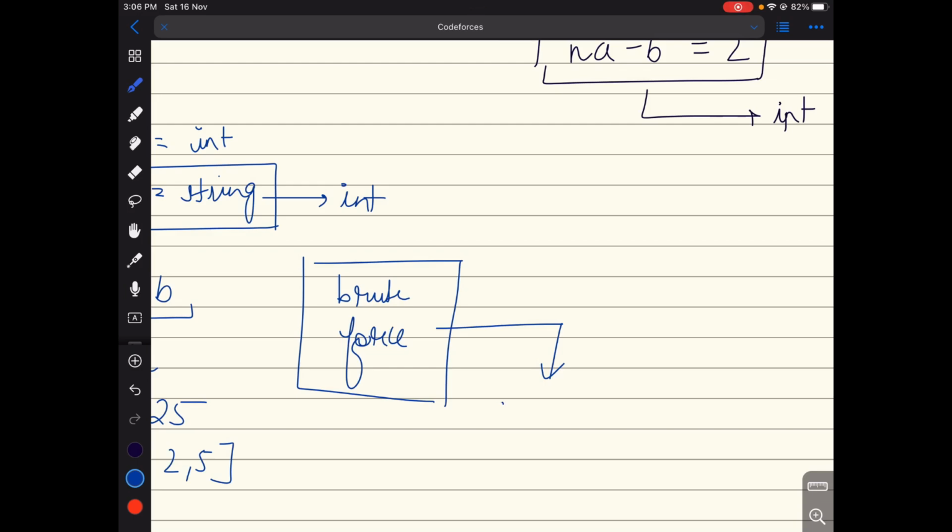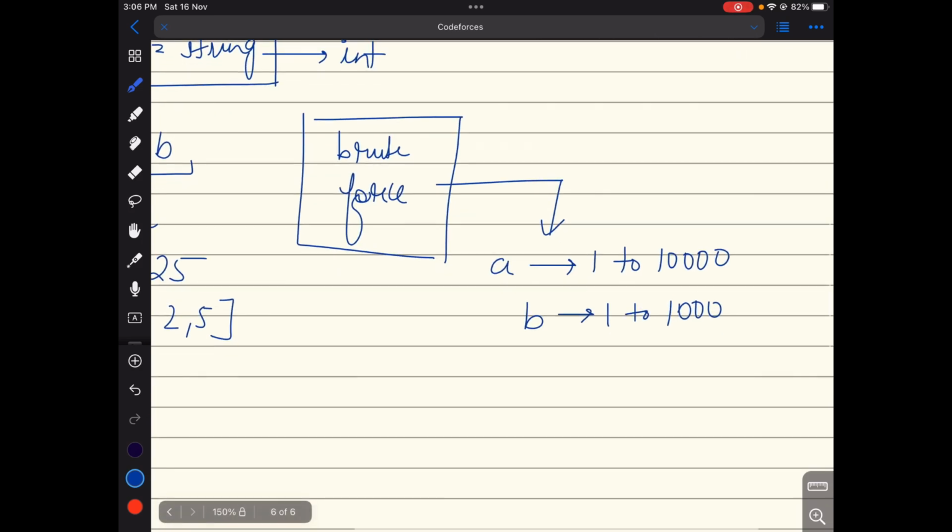Since we will traverse a from 1 to 10,000 and b from 1 to 100 or 1000, whatever is given, we will calculate whether a into b is equal to na into nb.